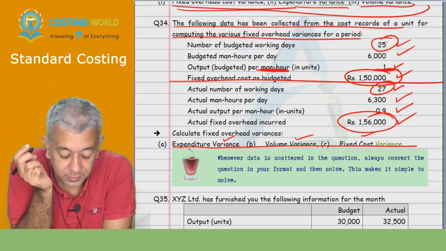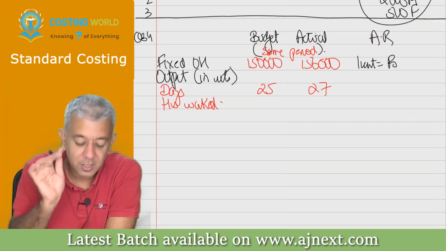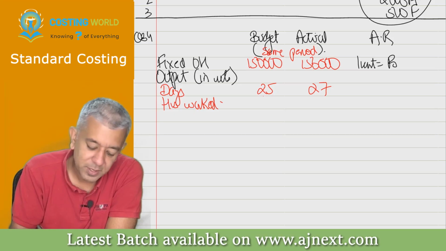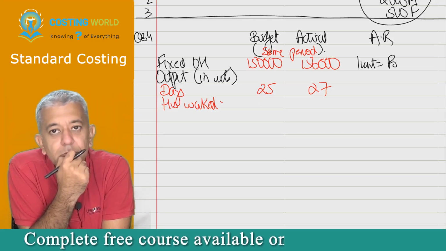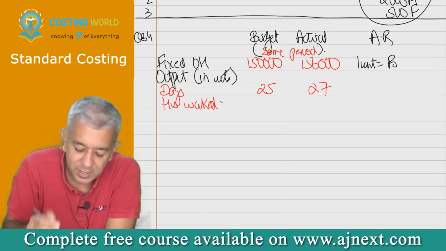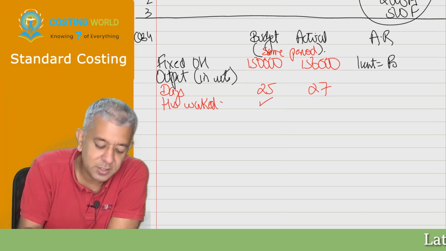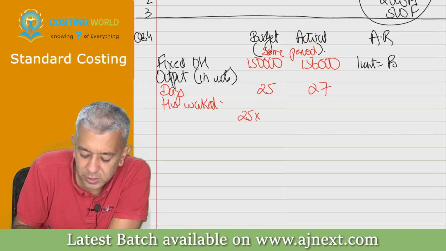Now budgeted man hours per day 6,000. I'm asking you, think before you will reply. Will 6,000 come over here? No, sir. No, beta, 6,000 hours are per day. These should be number of hours for the entire period. Can you say it will be 25 into 6,000? Yes.